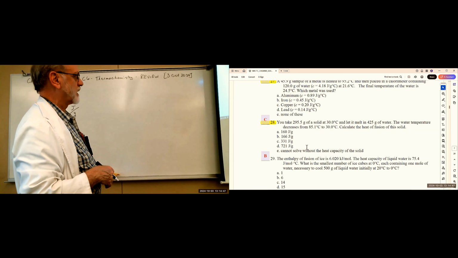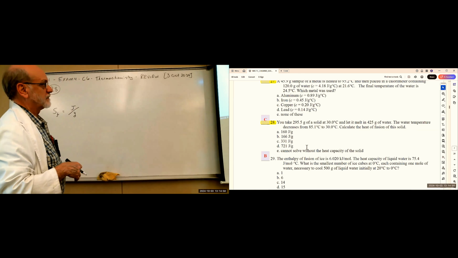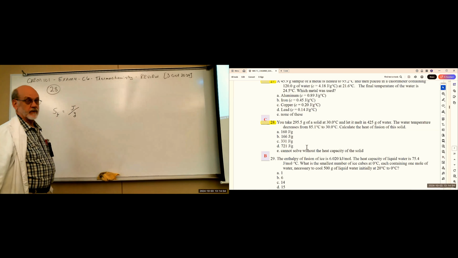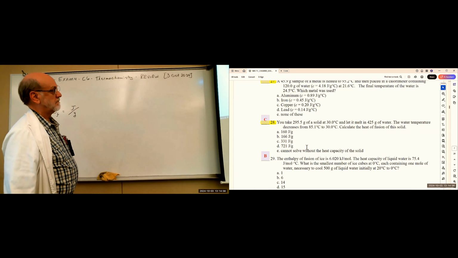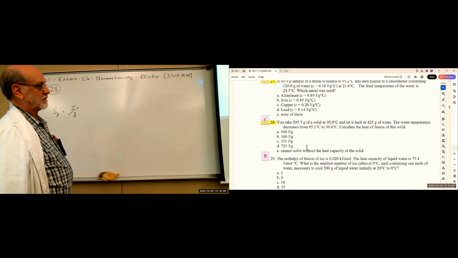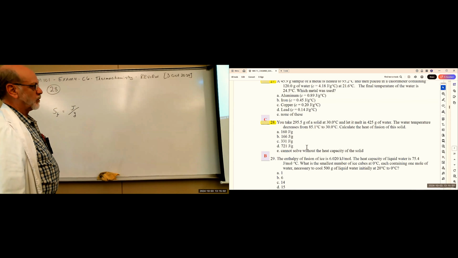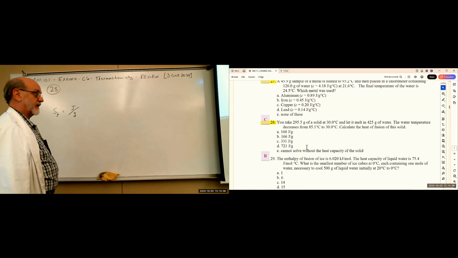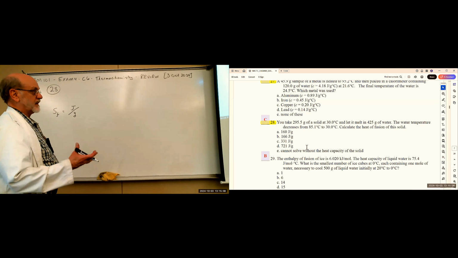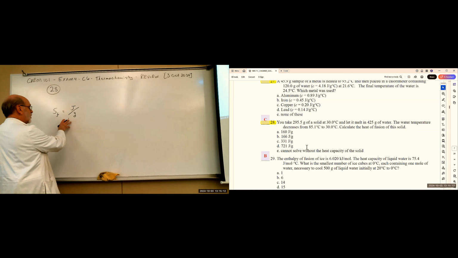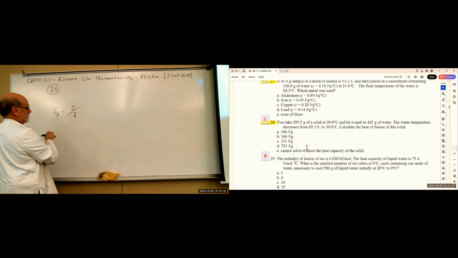So we're saying that the melting point of this solid is 30 degrees, because water temperature is at 85.1, but its final temperature is at 30 degrees. That's the only thing that makes sense. If this is the case, then you only need one other term.